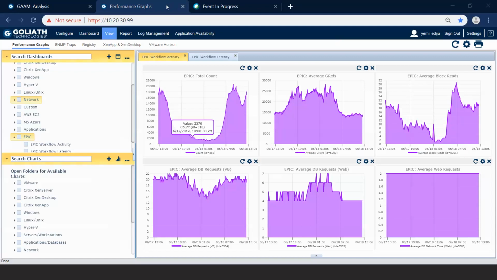Absolutely. So right here, we're looking at our performance graph section from inside the technology. And these specific graphs are a piece of our Epic System Pulse integration and what we call our Epic module, pulling in information about the activity in your environment as well as the performance of your environment, pulling in information about latency and about workflow.